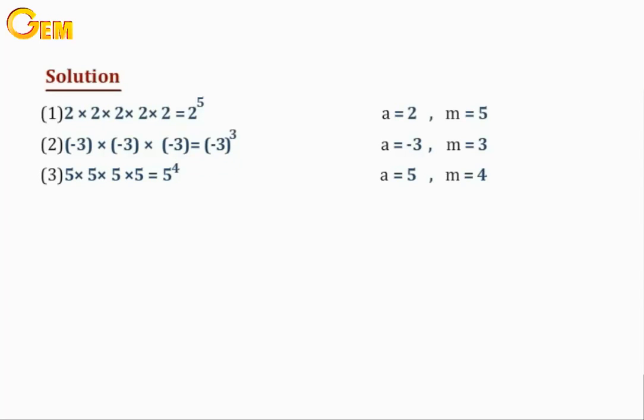Number 3 equals 5 to the power 4, where a equals 5 and m equals 4. Number 4 equals negative 7 to the power 2, where a equals negative 7 and m equals 2.